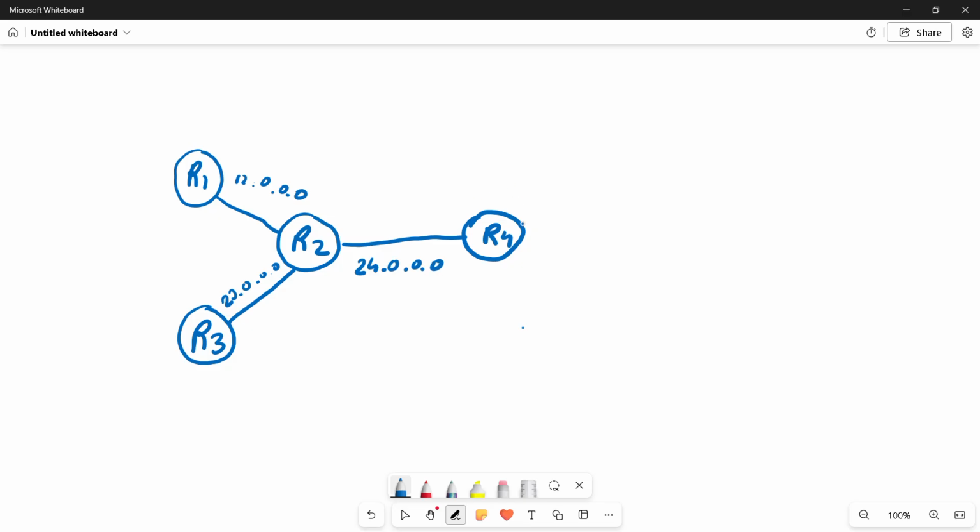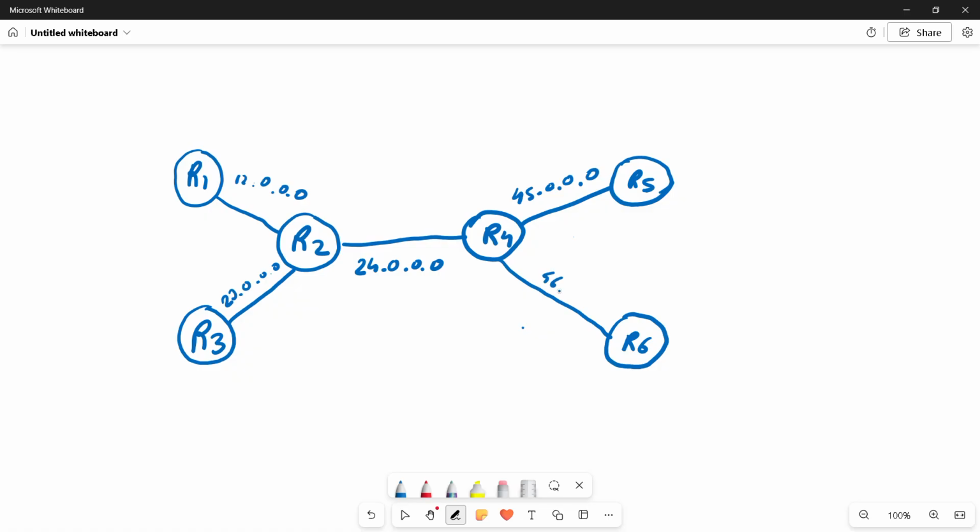Then R4 is connected to R5 with network 45.0.0.0, and R4 is connected to R6 with network 46.0.0.0.